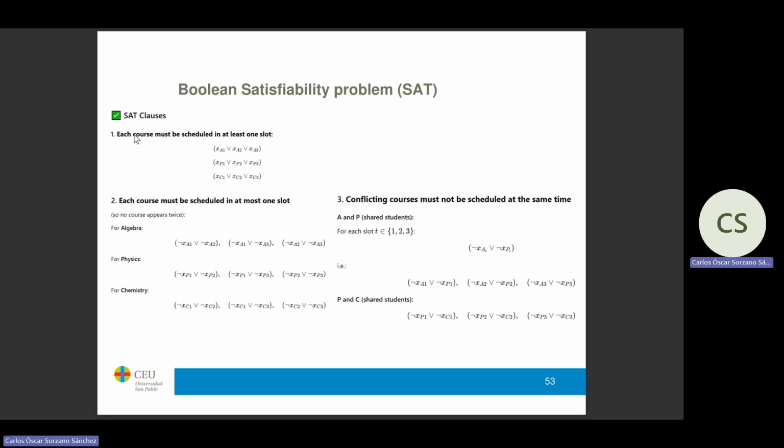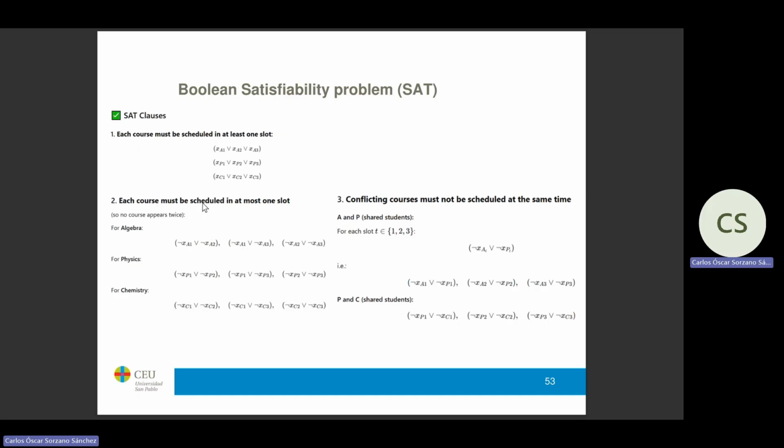And then you have all the conditions that we have set. Each course must be scheduled in at least 1 time slot. So it has to be XA1 or XA2 or XA3. So one of them has to be 1, so that the whole formula is true. The same for physics, the same for chemistry.